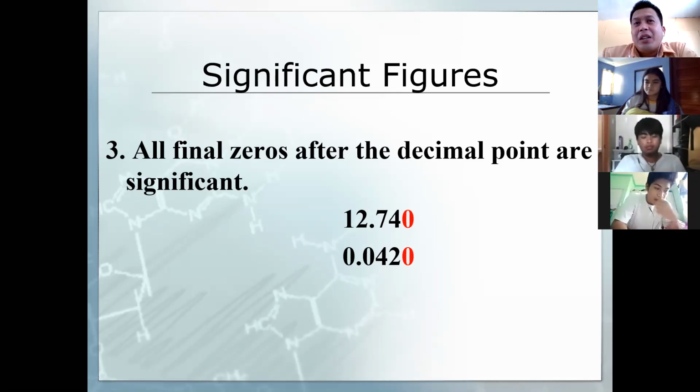However, can you consider reading the next rule there, Edson? Please continue the reading. Zeros at the end of the number may or may not be significant. Zeros at the end of a number are significant if they are to the right of the decimal point. So thank you, Edson, for reading.